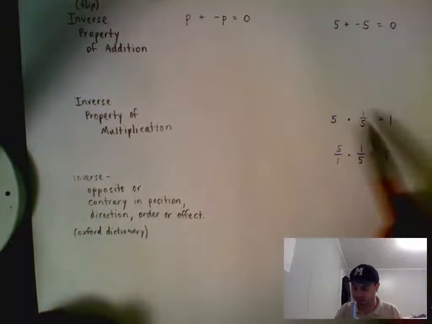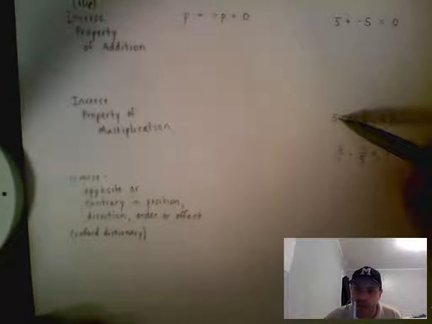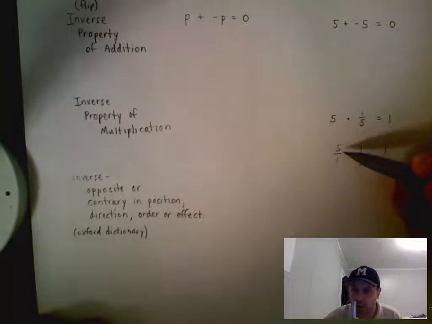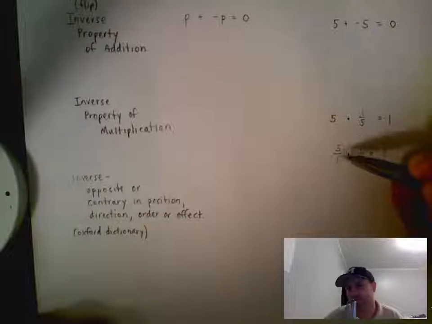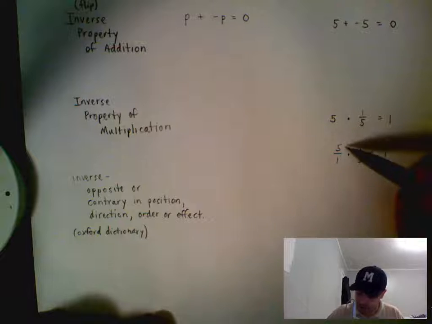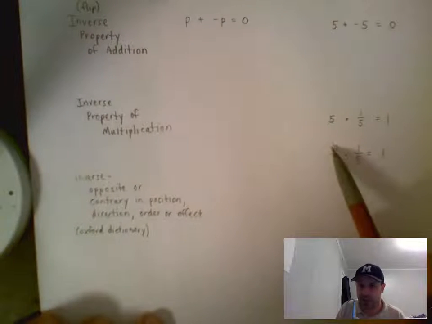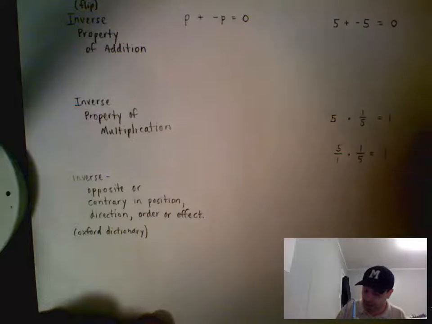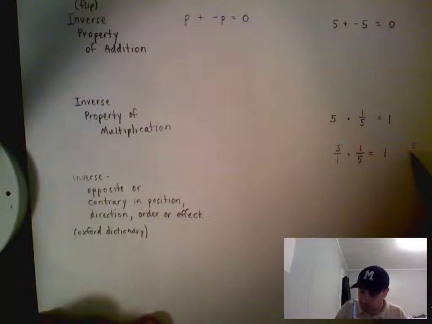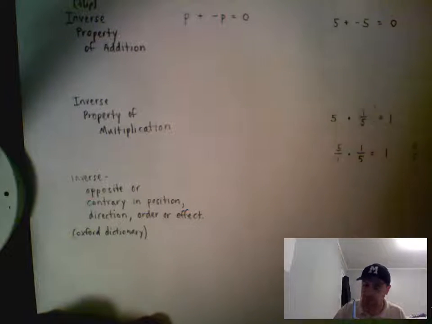The reason 5 times 1/5 equals 1 is, if you break it down, 5 really means 5 over 1 or 5 divided by 1, because 5 divided by 1 is 5. It's just another way of writing 5. So 5 over 1 times 1 over 5: top times top, 5 times 1 gives us 5, and on the bottom, 1 times 5 gives us 5.